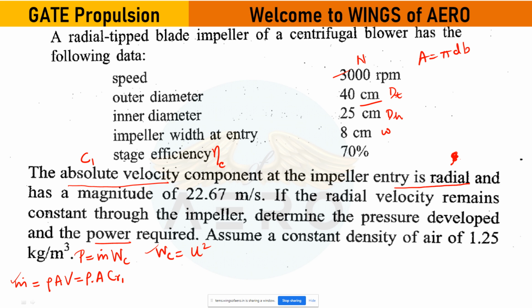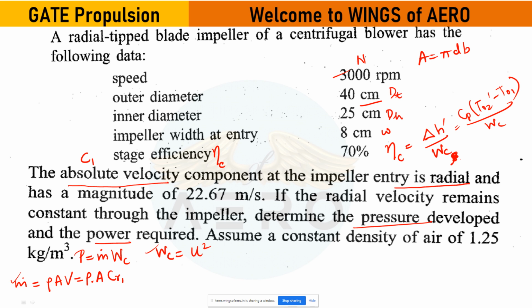Now how to find the pressure developed? There is one more formula. Here they have given efficiency. So can I write it this way, that eta C equals Cp (T02 prime minus T01) by Wc.